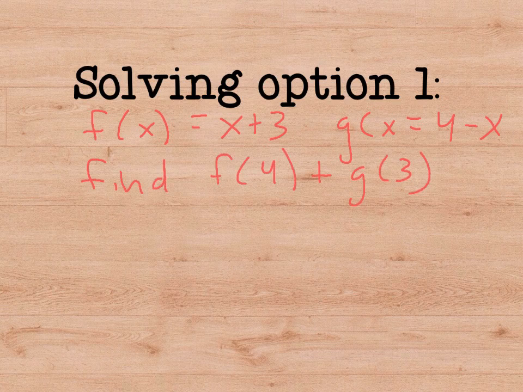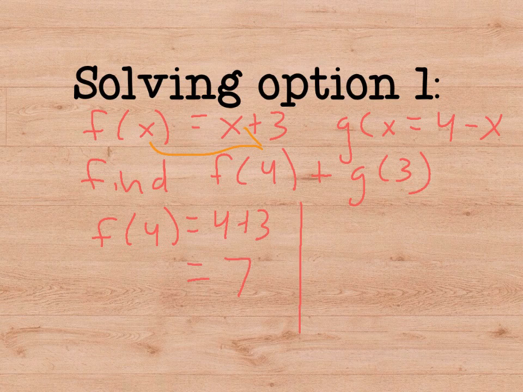For this, first I want to think about just the f function. So remember, the 4 takes the place of the x's. So f of 4 will equal 4 plus 3, which will equal 7.